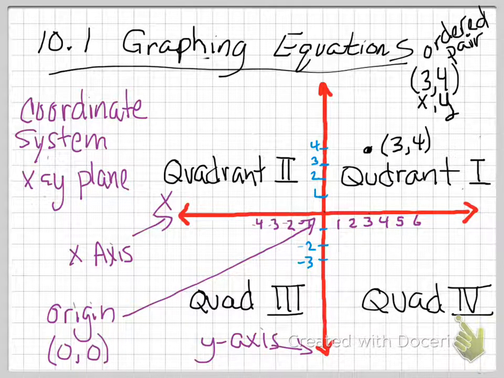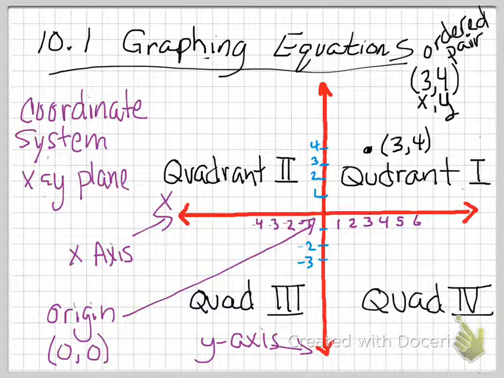So if I was going to graph a point in quadrant 2, starting from the origin, I'd have to go left, and that's on the x-axis in the negatives, and then I would have to go up, and that's the y-axis on the positives.